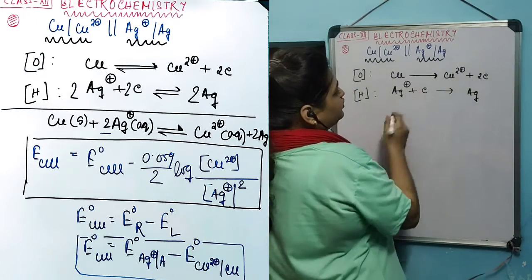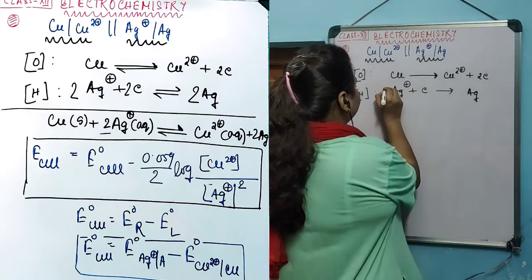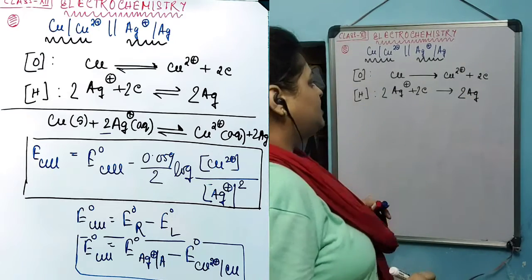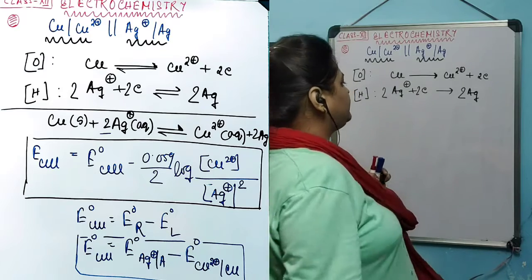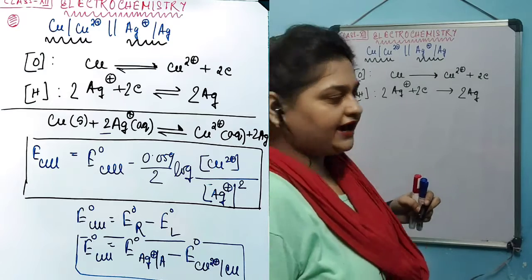Now to balance the number of electrons transferred on both sides, we are going to multiply the second half cell reaction, the reduction half cell reaction, by 2. Thus we get 2 silver plus cation, by gaining 2 electrons, producing 2 silver neutral atoms.